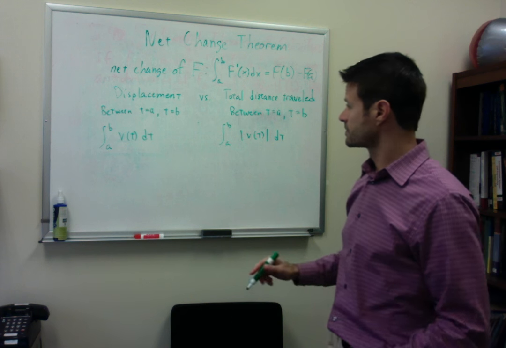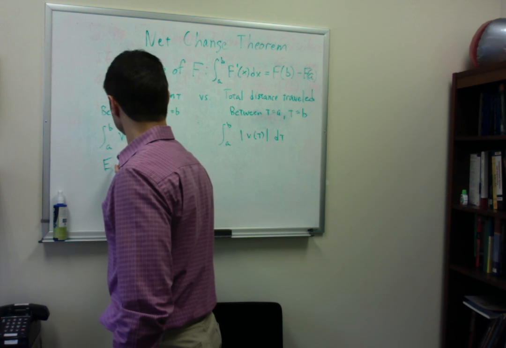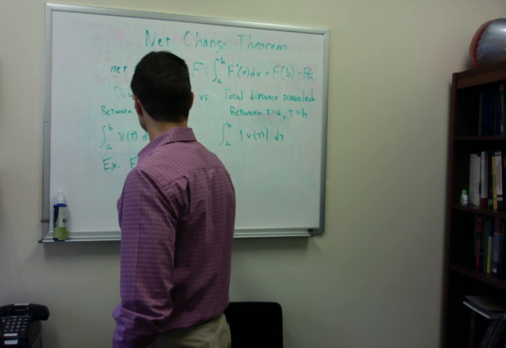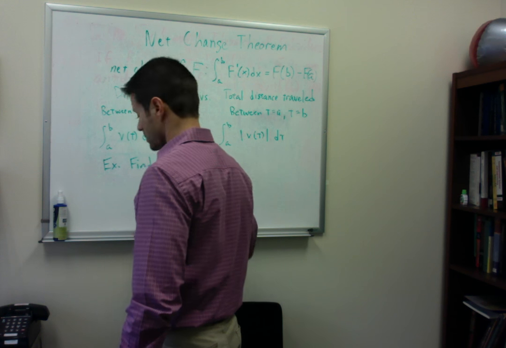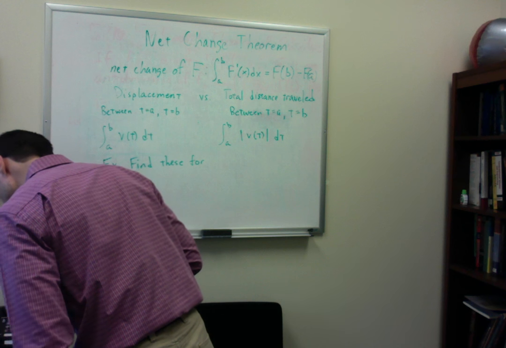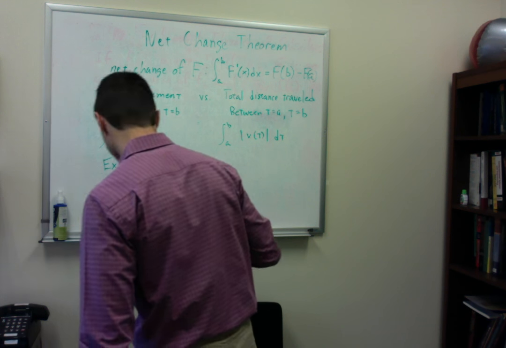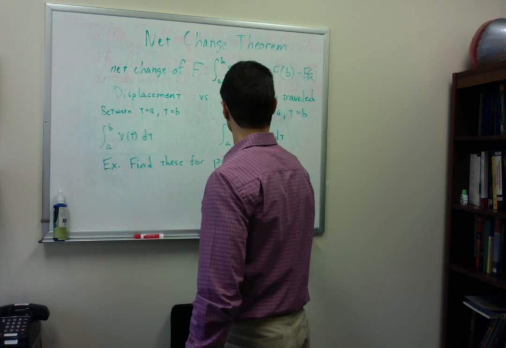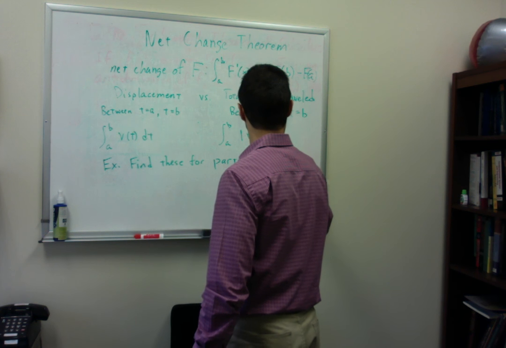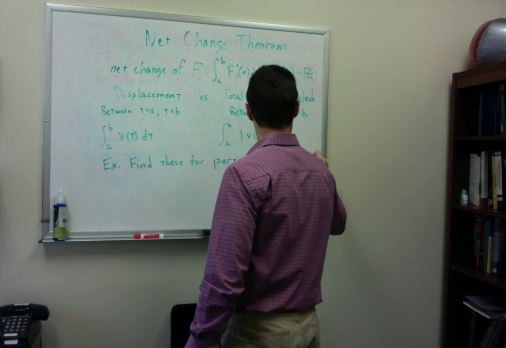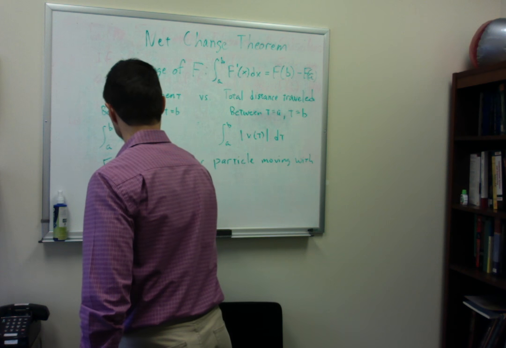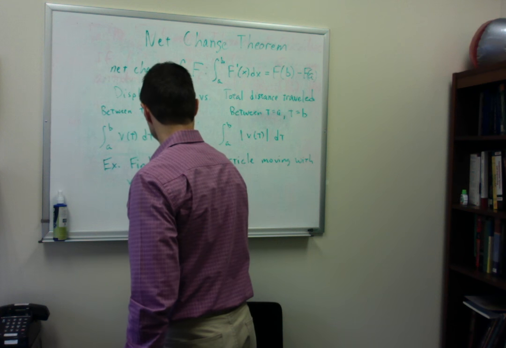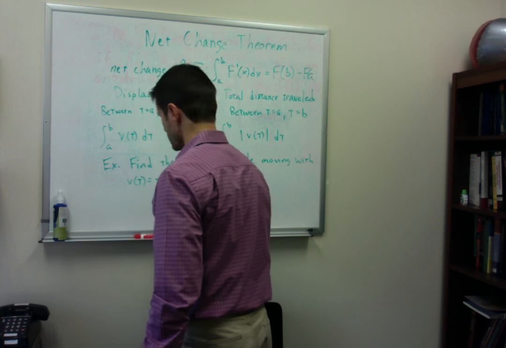As an example, find these for a particle moving with velocity given by t squared minus t minus 6.